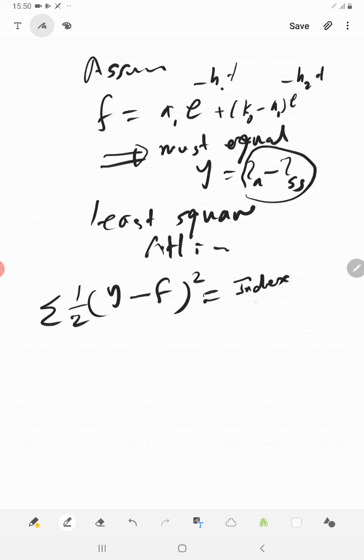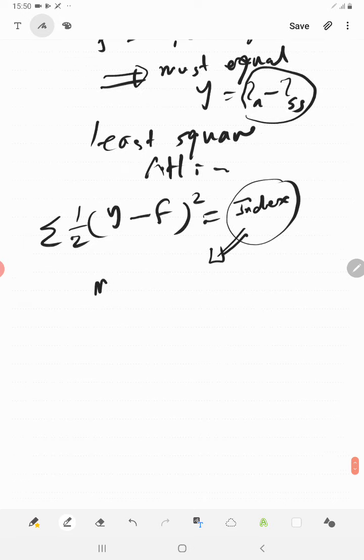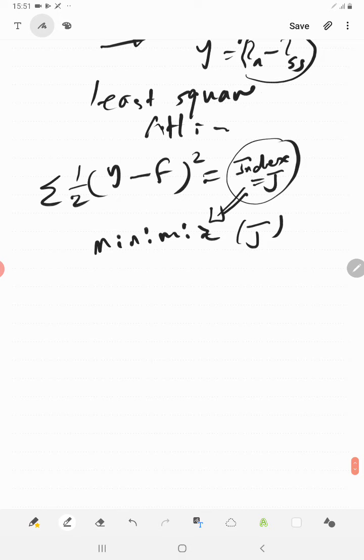We want to minimize this, let's say it's J, minimize J. What is the index J? The minimum least square: J equals the sum of (Y minus F) squared times half.